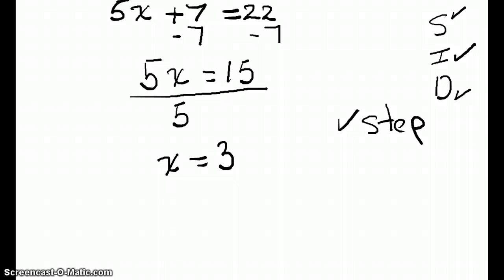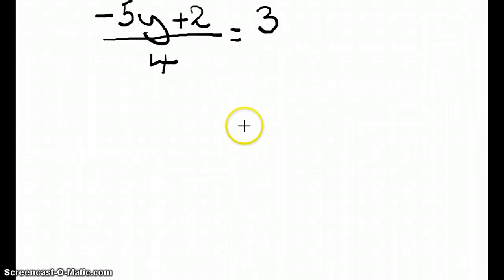Let's take a look at one with a little bit more complicated matter. We take a look at this question, and the first thing we notice is that we have a denominator of 4. So, simplified. Are there any like terms to combine? Is there any parentheses to deal with?